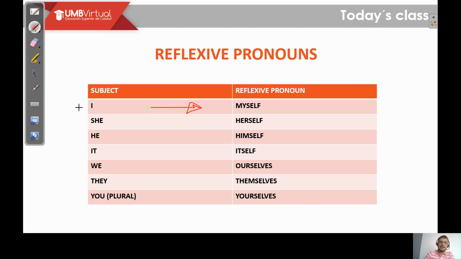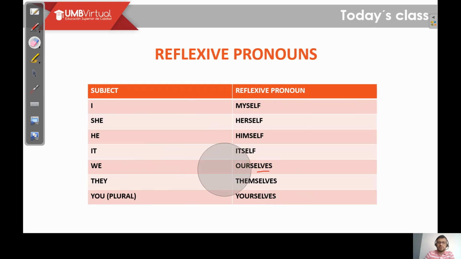You are going to use myself, herself, himself, itself, ourselves, and look at the change with F for we, they, we're going to talk about themselves, and you for plural, yourselves, or yourself if it is in singular. Si fuera en singular, no sería yourselves, sino yourself terminado en F. ¿Listo? Sería yourself.